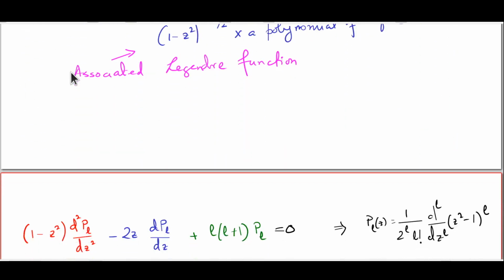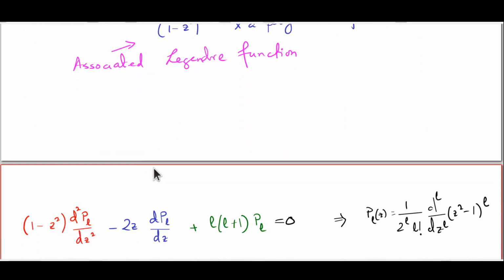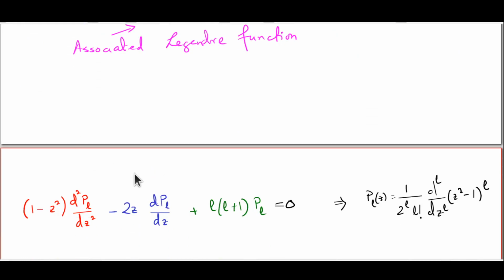Remember, the Legendre differential equation is just this second order differential equation: (1 minus z squared) d²P_L/dz² minus 2z dP_L/dz plus L(L plus 1) P_L equals 0. And if L is a non-negative integer, then one solution to this equation is a Legendre polynomial, which can also be written down as the Lth derivative of (z squared minus 1) to the power L, up to a factor of 1 by 2 to the L factorial.